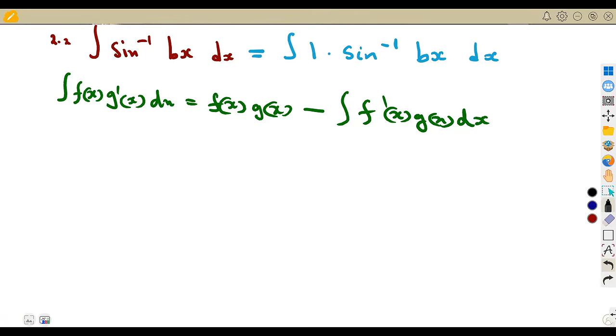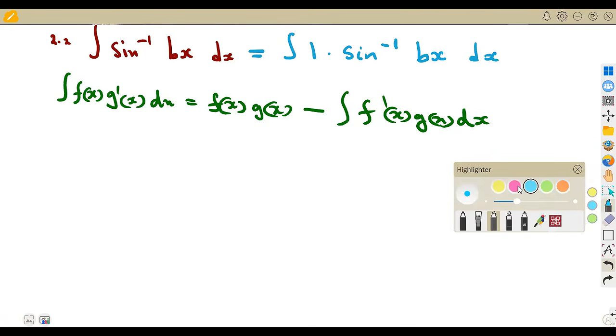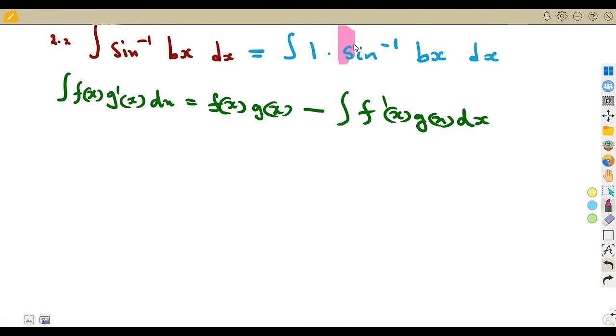So our f of x is going to be the part of this inverse trig that we are given. So this part, arc sine bx, is going to be our f of x.